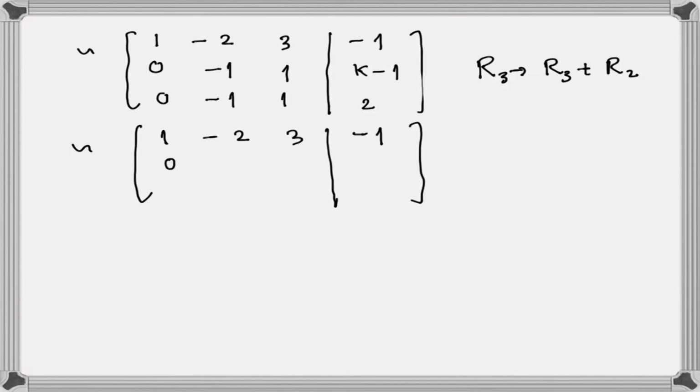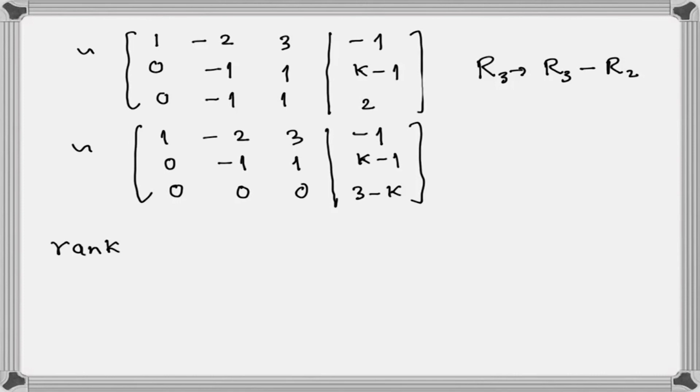There is no change in the second row, 1 k minus 1. Then this becomes 0, and this becomes 0, and then this becomes 3 minus k.